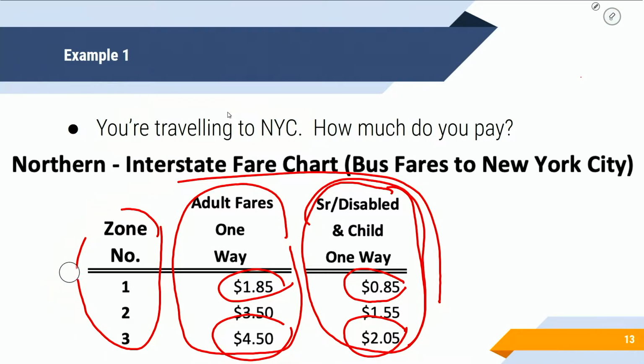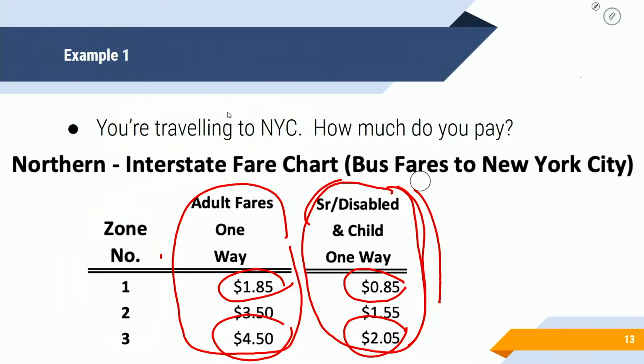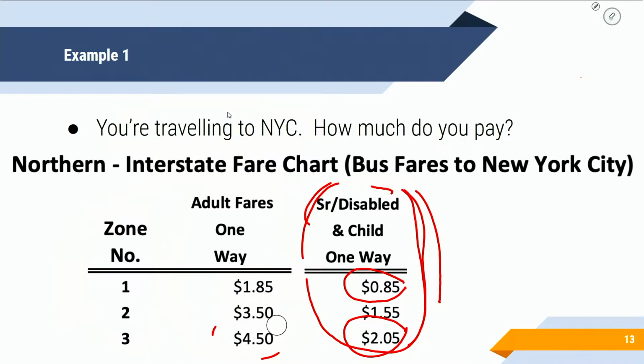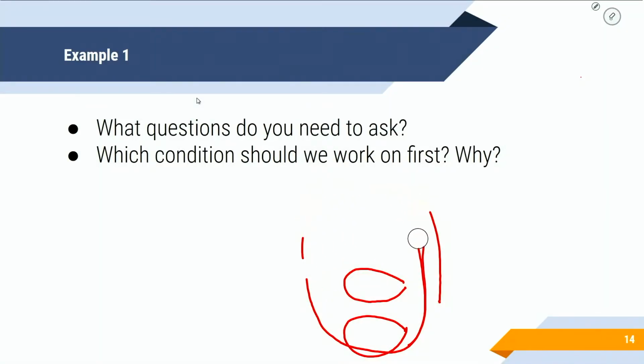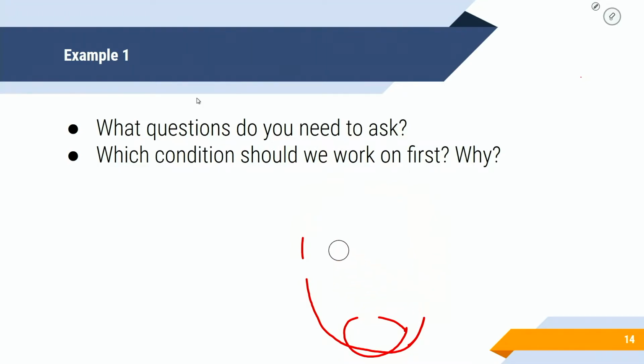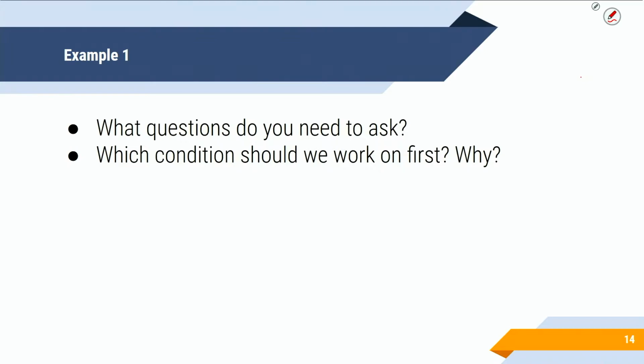Alright, so let's think about how we would do this via programming. First off, you should ask yourself, what question should you ask? And also, what condition should we work on first, and why? I would say the first question we could ask is, how many zones?